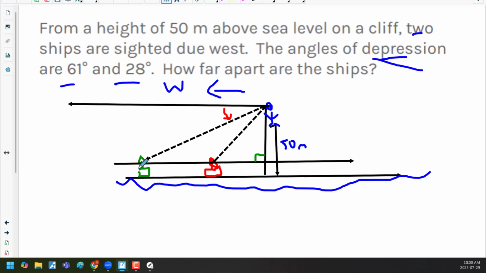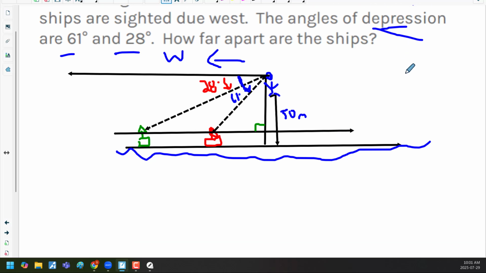So the boat that's further away, this angle is going to be 28 degrees. And then the boat that's a bit closer, you have to tilt your head a little bit more down. Because remember, when your stuff is closer to you and you're looking down, you have to tilt it more down, right? Because it's closer to you. So this angle in blue is 61 degrees, here to here.